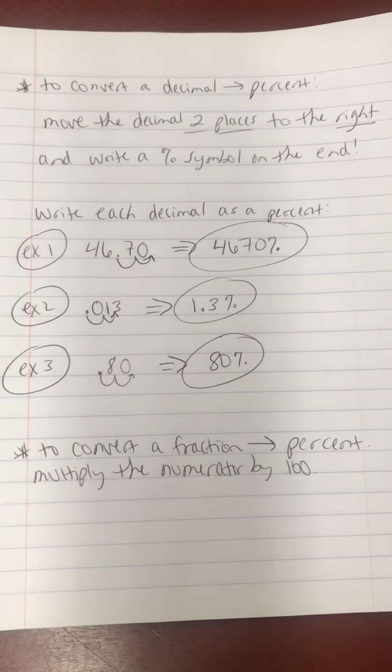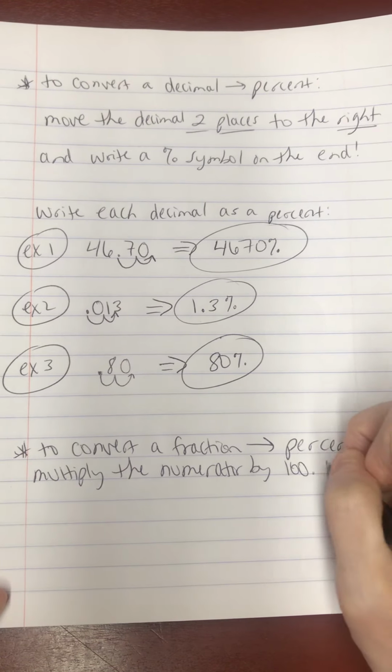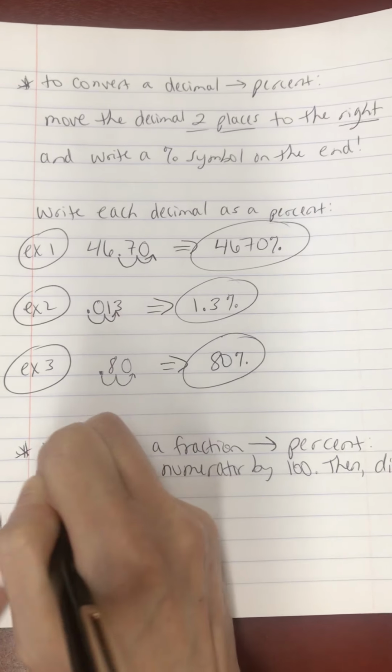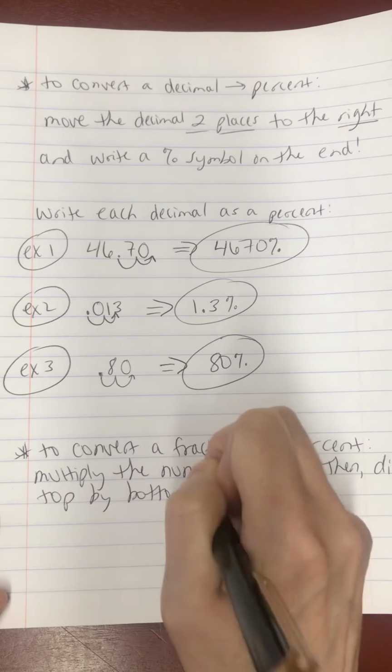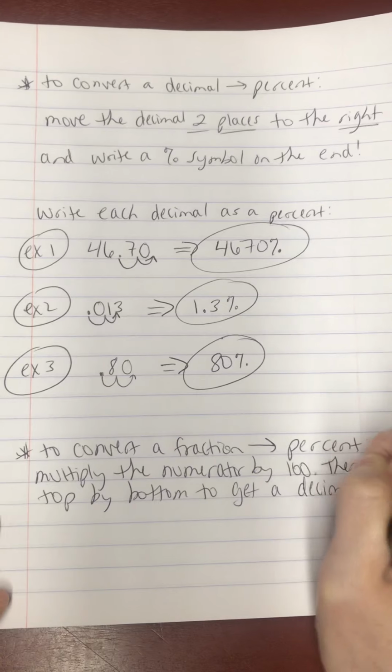Multiply the numerator by 100. Then divide top by bottom to get a decimal.